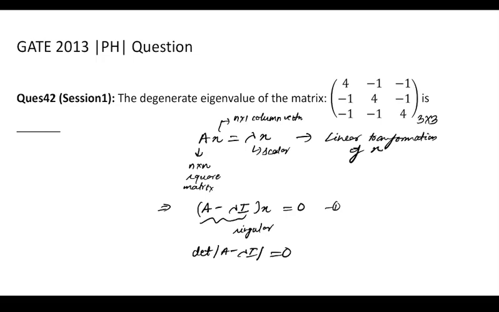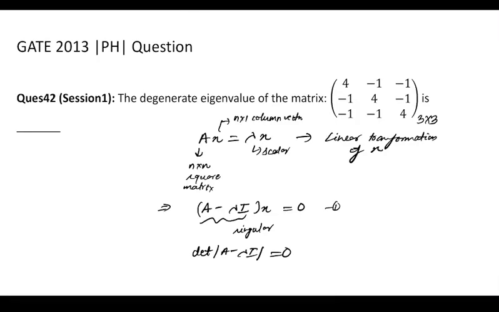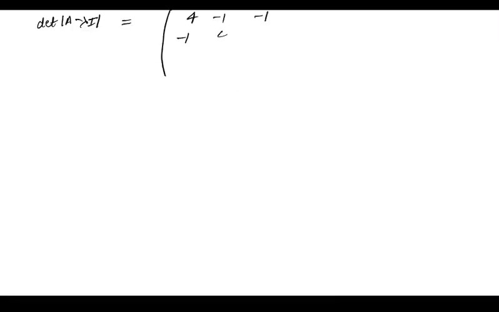So what we'll do is compute the determinant of A minus lambda I. We know A is 4, -1, -1; -1, 4, -1; -1, -1, 4. This is A minus lambda times I, where I is the identity matrix and lambda is a constant.